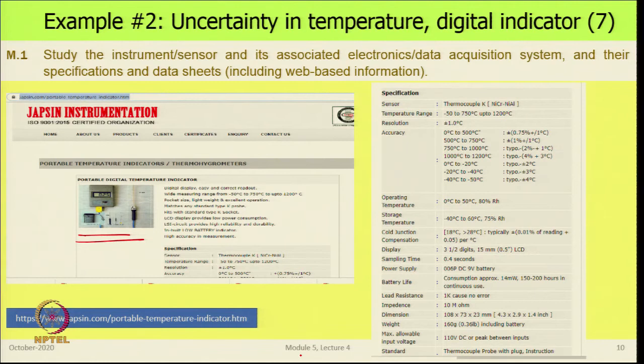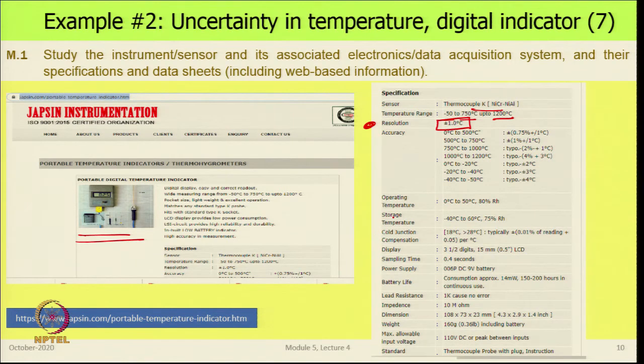There is a sensor, and it tells you the temperature. The sensor is a K type thermocouple, chromel, alumel. It can go in temperature ranges minus 50 to 750 and even up to 1200 degrees Celsius. Resolution is plus or minus 1 degree Celsius. This is one input that you would read if you are looking at uncertainty.